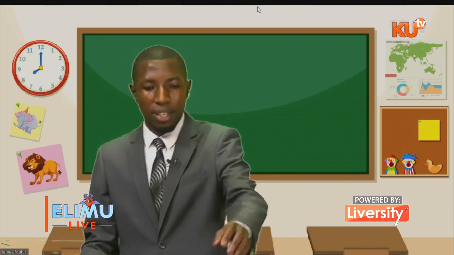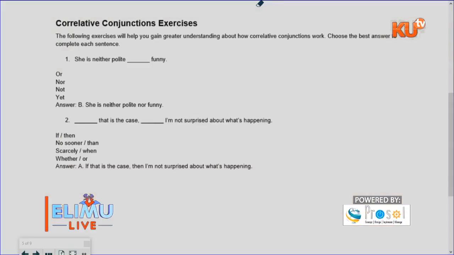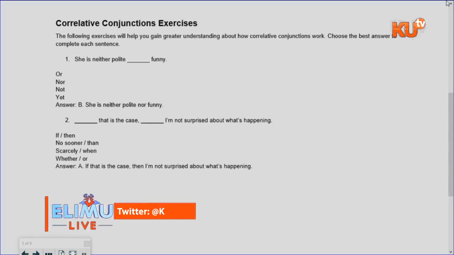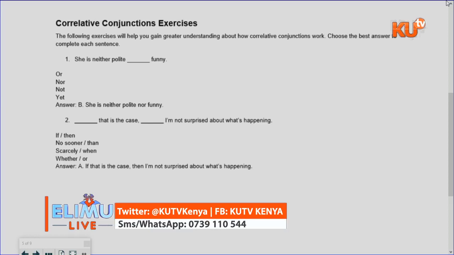If then, as we have seen, if that is the case, then I am not surprised about what is happening. It is also used as an independent clause. That is the case, I am not surprised about what is happening.